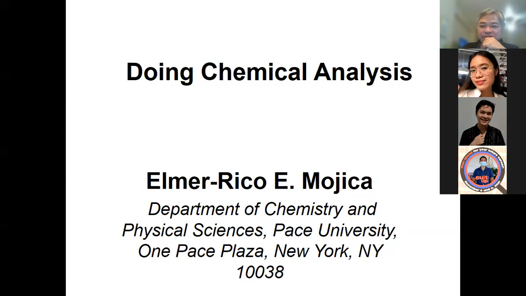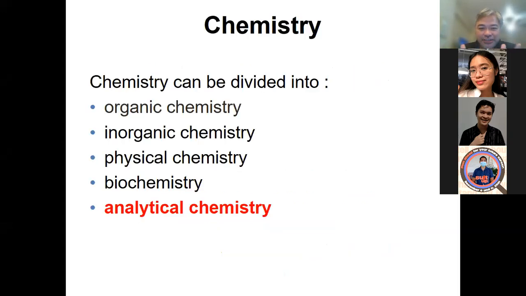Okay. So, doing chemical analysis. This is just an introductory lecture that I gave last semester, and I usually give it to any students that I teach in instrumental analysis. Okay, so we know chemistry can be divided into fields, and the field that we have is analytical chemistry.